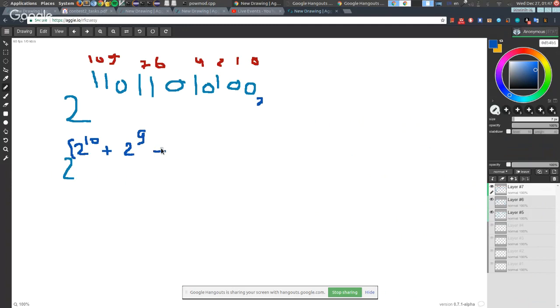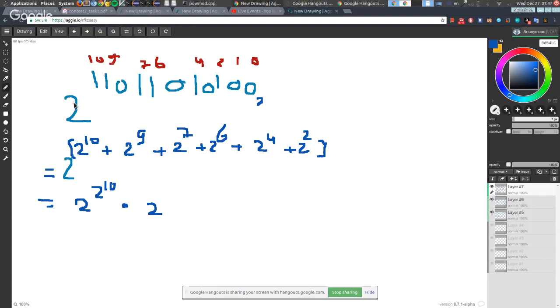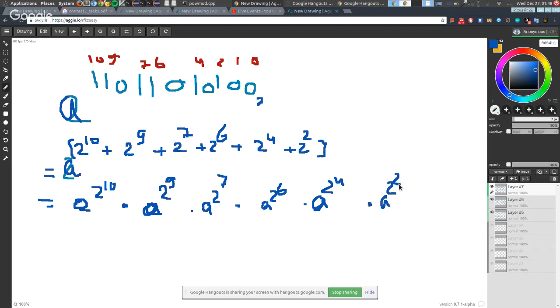So this is a to the power 2 to the power 9, a to the power 2 to the power 7, and so on, 2 to the power 4, 2 to the power 3. Here we can see how binary exponentiation goes.